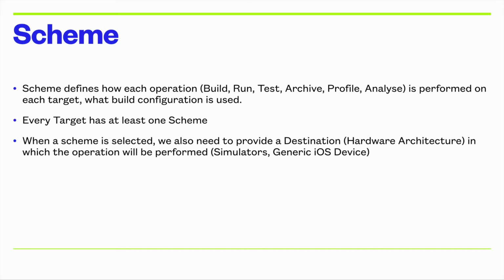But schemes are not targets themselves. Schemes define how operations such as build, test, run, and archive are all performed on this target. Every target has at least one scheme, but it can also have multiple schemes.